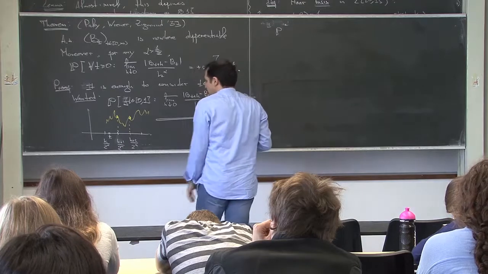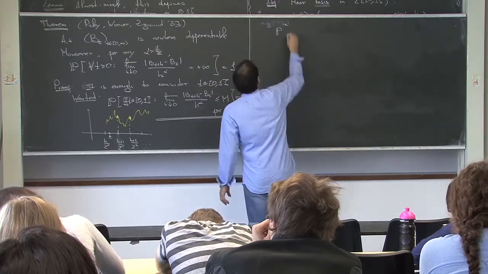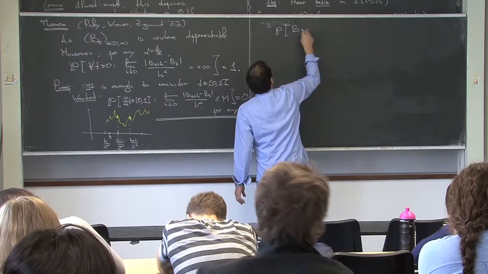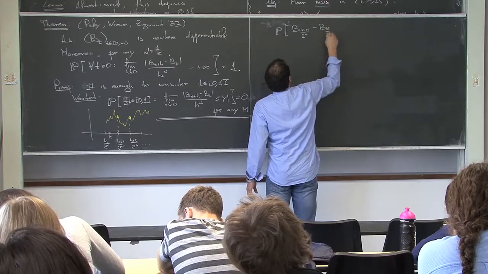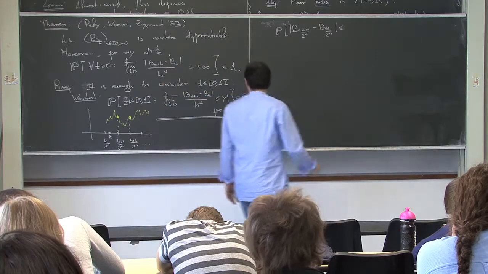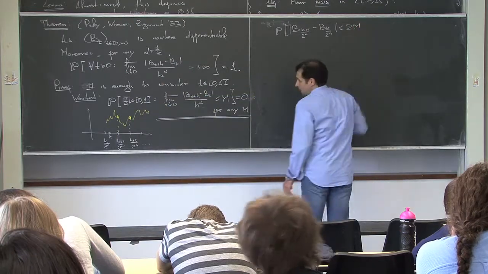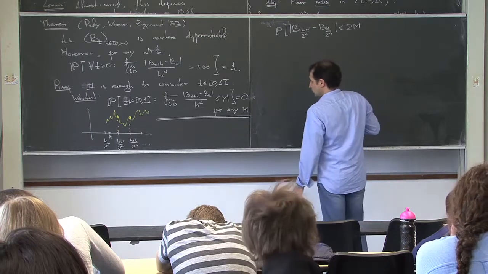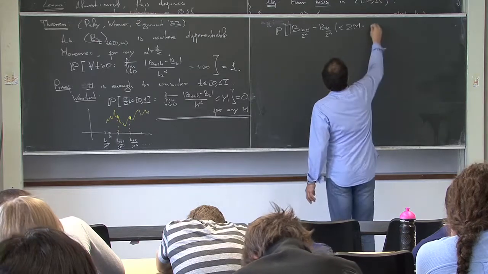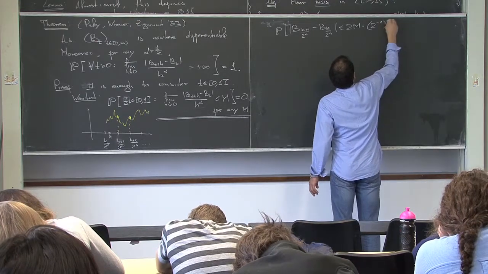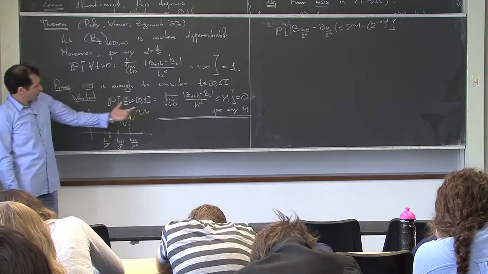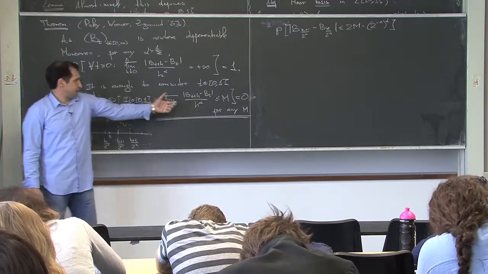Okay, so what is the probability that B_{(k+1)/2^n} minus B_{k/2^n} is less than, say, 2m times 2^{-n alpha}?